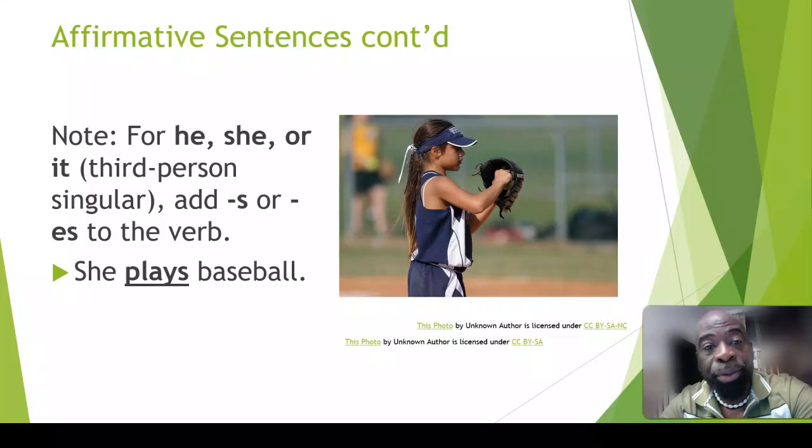And note, he, she, or it is third person singular. When that is the case, we will add s or es to the base verb. So for example, she, which is third person singular, plays baseball.